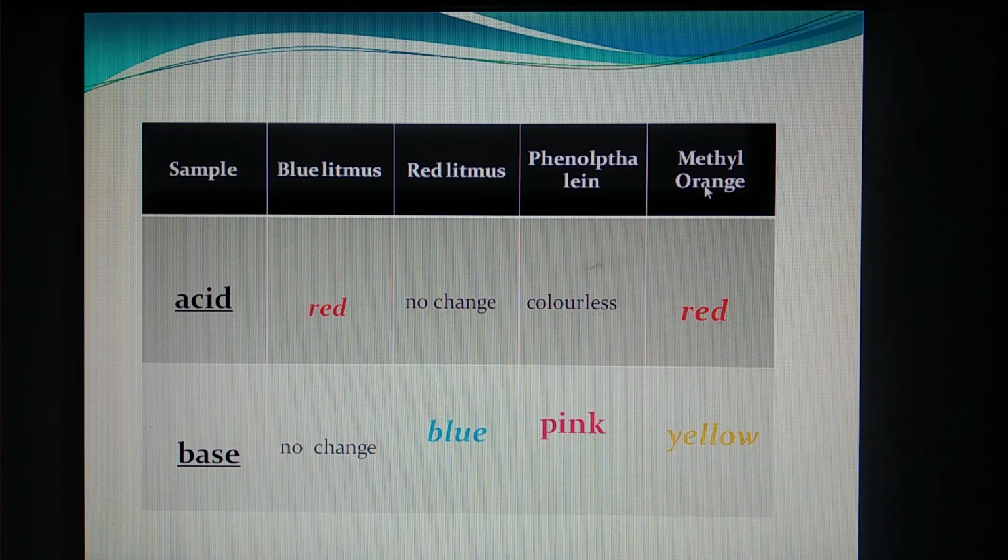When methyl orange solution is tested with the given sample, it changes to yellow color. Following all these changes, we can determine its nature as base. Like that, we use these indicators in the laboratory to determine the nature of given samples.